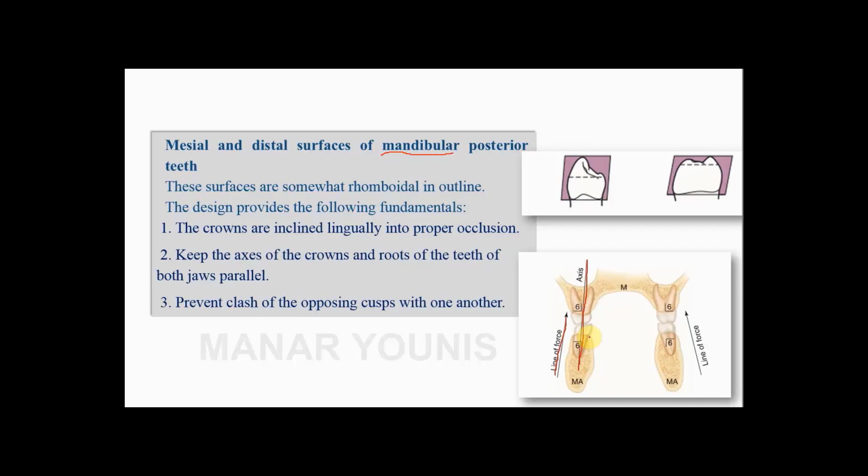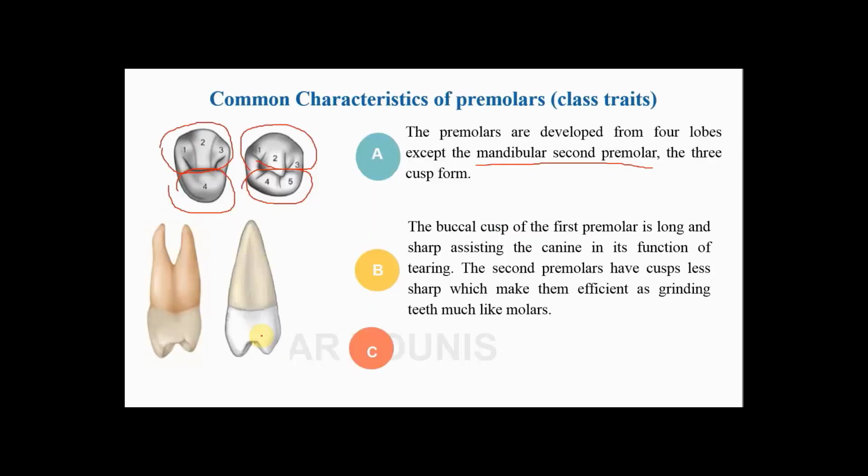Otherwise, this will result in clash of the opposing cusps with one another and transmit harmful, heavy forces to the supporting structures, which will lead to damage and destruction of these structures.